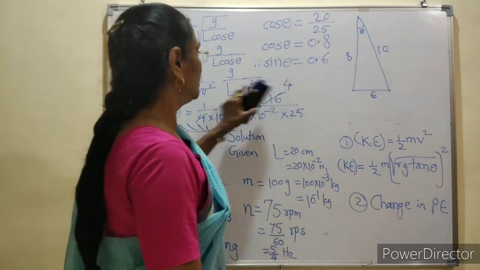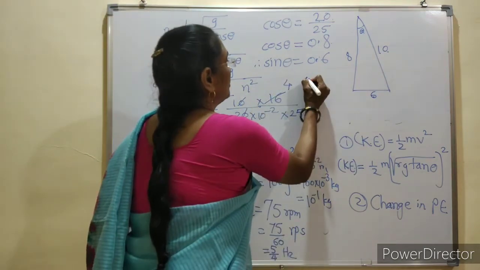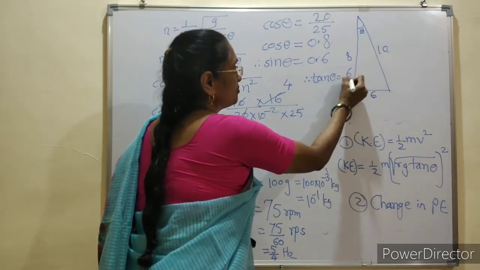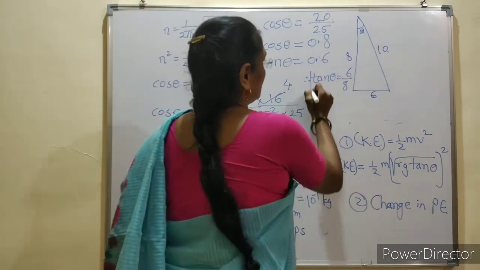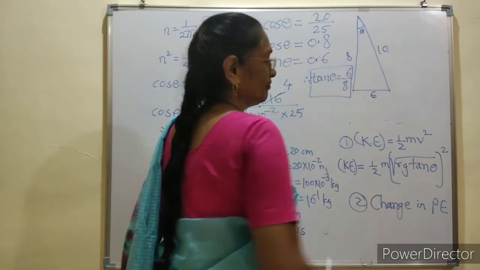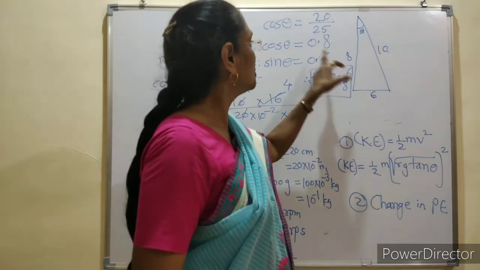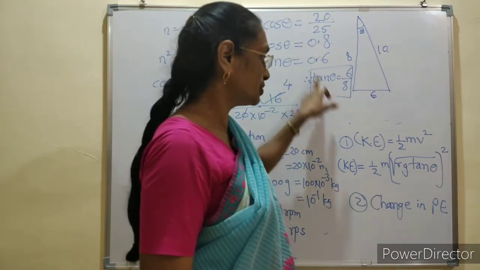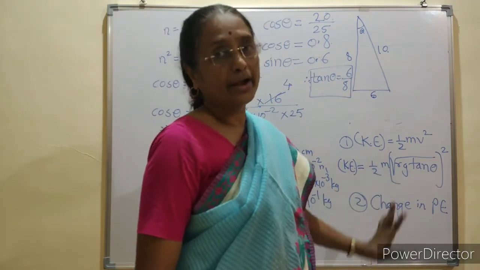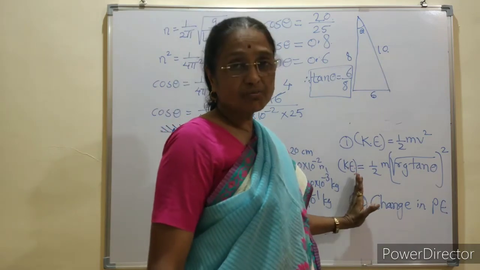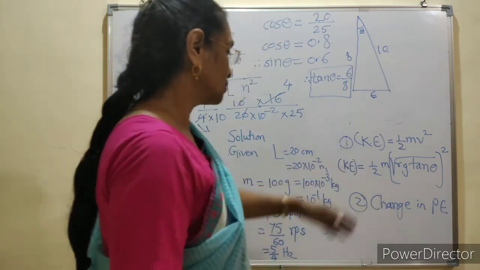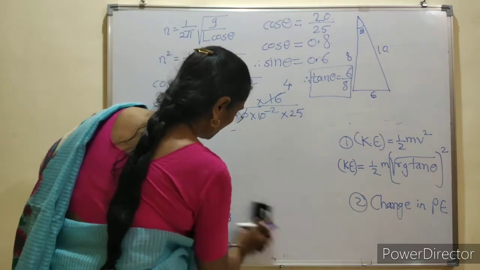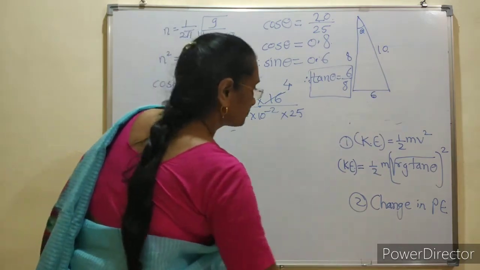And from that we also write tan theta is equal to 6 by 8. This is the tan theta. Once we know such values of trigonometric ratios, we can solve for kinetic energy, because this term involves two trigonometric ratios.